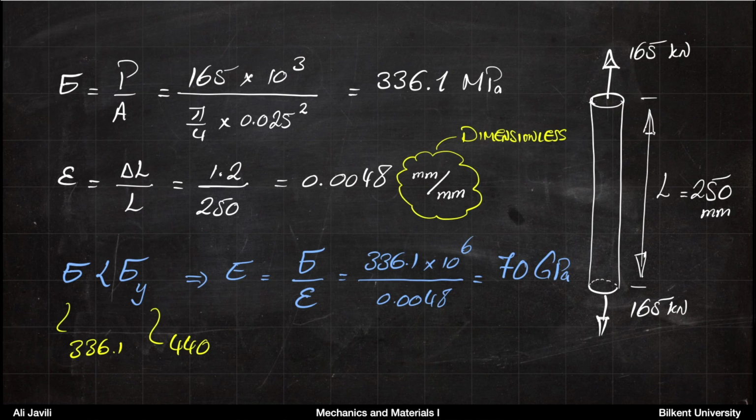So we need to quickly check if the material behaves elastically or inelastically. For that, we compare the normal stress by its yield limit. The yield limit is 440 megapascal. What we have here is 336.1 megapascal. So because of that, you know that the material behaves elastically.